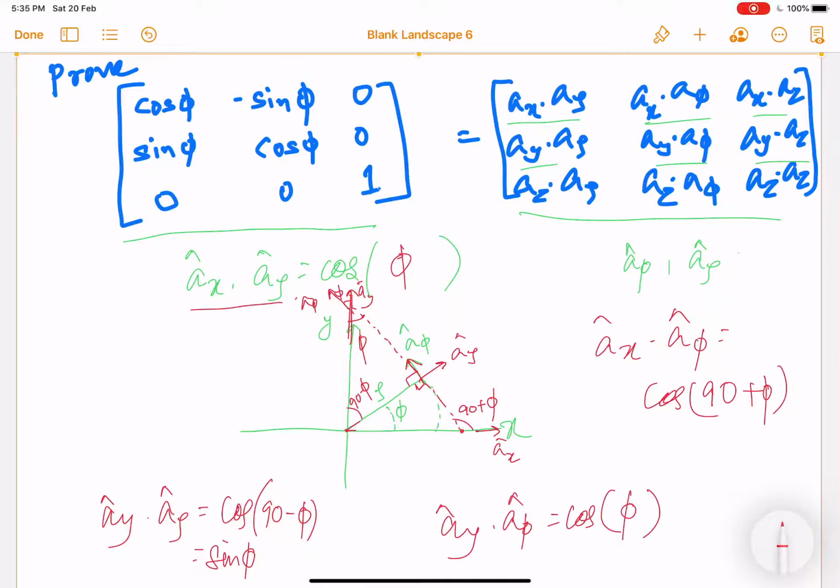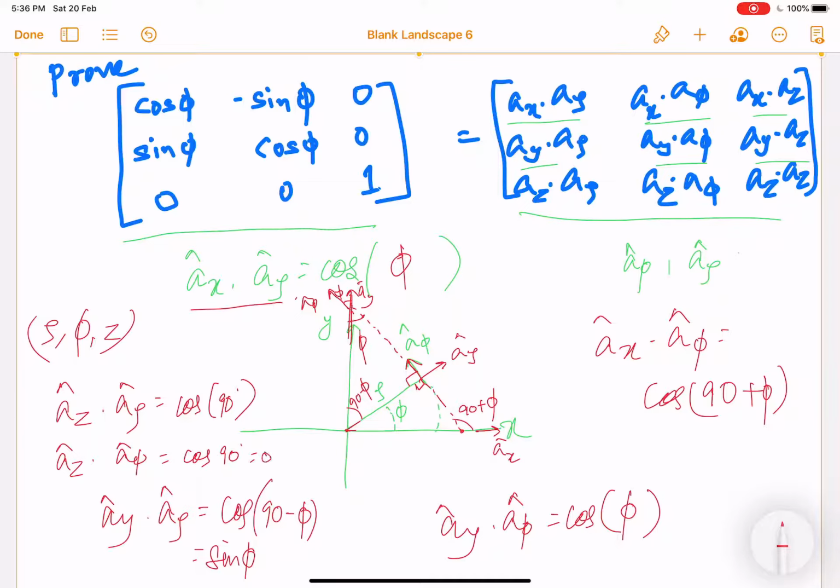And what about z? The relation between a z cap and a rho cap will be cos of 90 degrees because they are all mutually perpendicular. Rho, phi and z are all mutually perpendicular. So az dot a phi cap will also be cos 90 degrees, and both are 0.